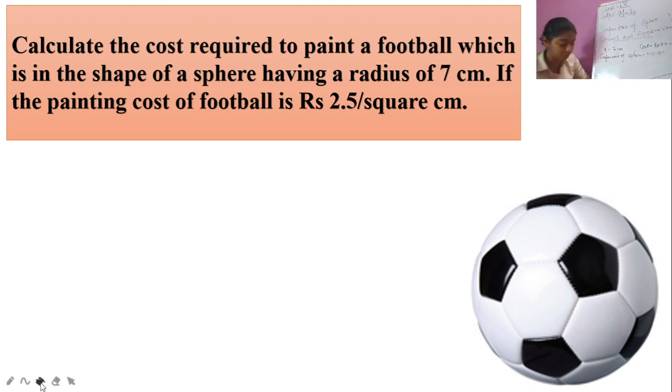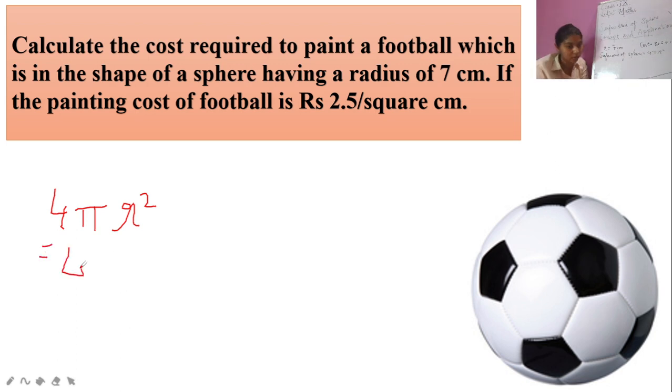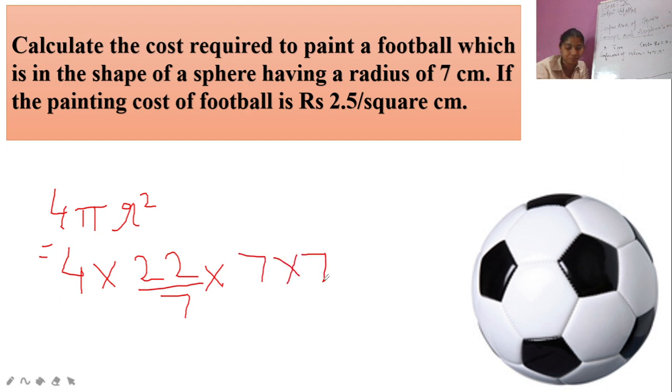So students, substitute your values in the question and do it. Let's do it with 4 pi r square, right? So what is that formula? We have 4, we have pi, value 22/7, and the radius is 7 into 7, that is 7 square, right?